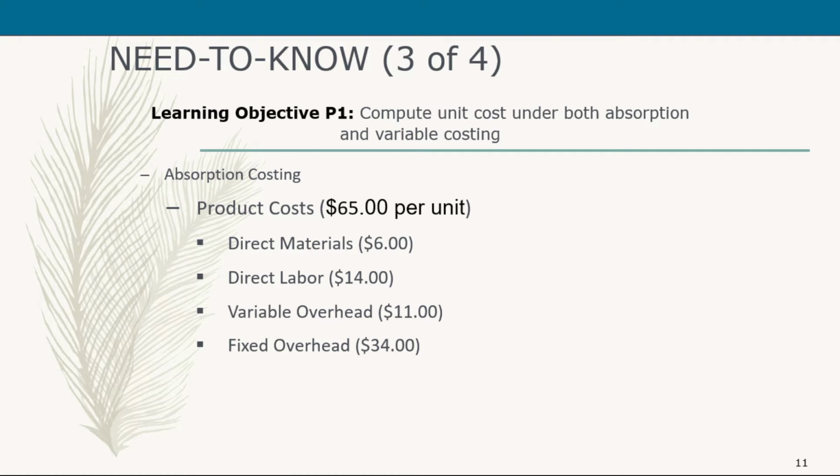So remember that your product cost under absorption costing includes your direct material, direct labor, variable overhead, and fixed overhead. So in here, we just add all the related elements pertaining to your product. So it is $6 for your direct material, $14 for your direct labor, $11 for your variable overhead, and $34 for your fixed overhead cost.